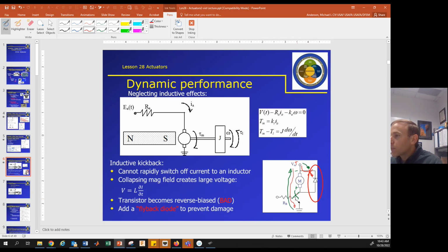Then when the motor shuts off and that collapsing magnetic field tries to suck current back through the motor, that green line, the current will want to go through the diode because it will give it the path of least resistance. And so that will allow current to flow from this positive side of the magnetic field here to ground without having to travel through the transistor.